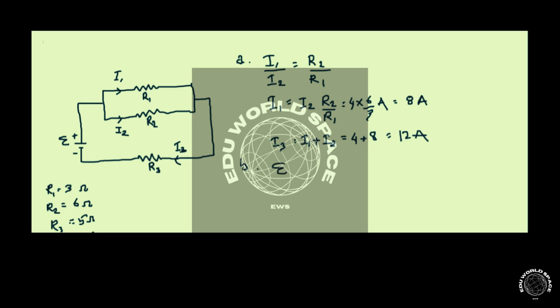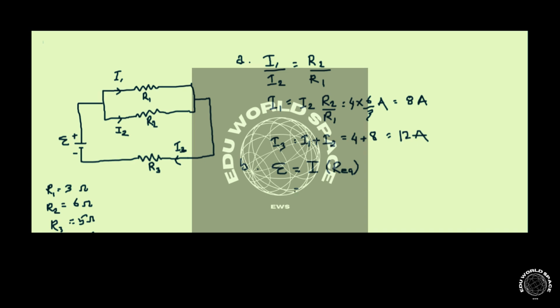Simply, the EMF of the battery is equal to, since we don't need to take care of the internal resistance, the total current flowing through the system times the equivalent resistance of the system, Req.